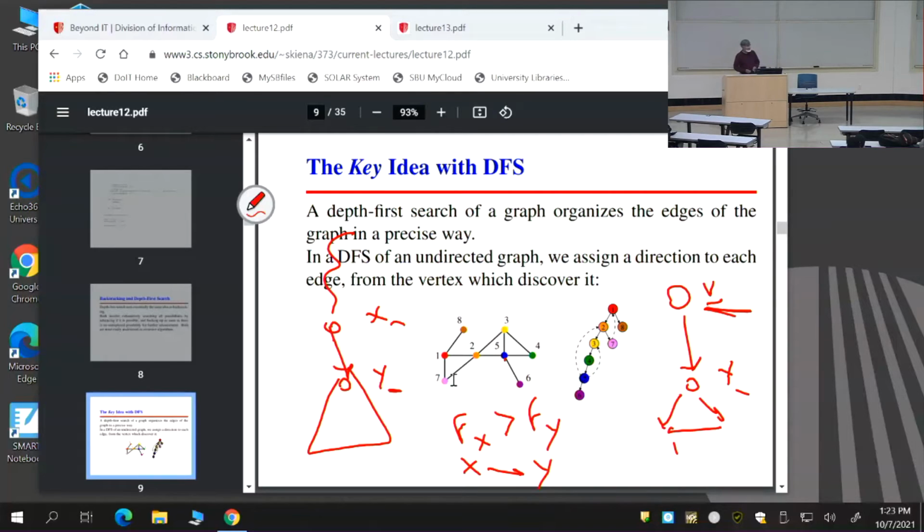If you believe that, then if you take the vertices and you sort them by finishing time, that is enough to topologically sort the vertices. That kind of, if you finish before me, I had to be before you in a topological sort.